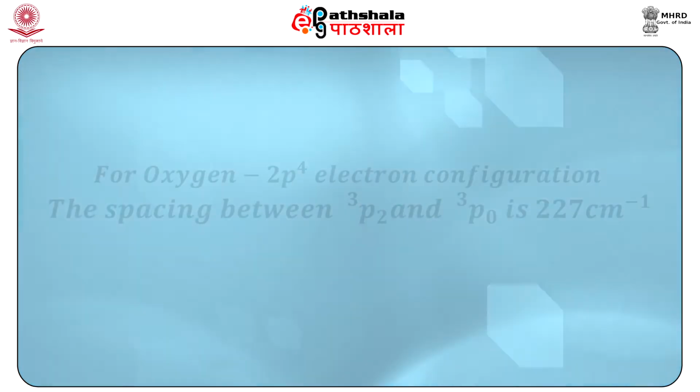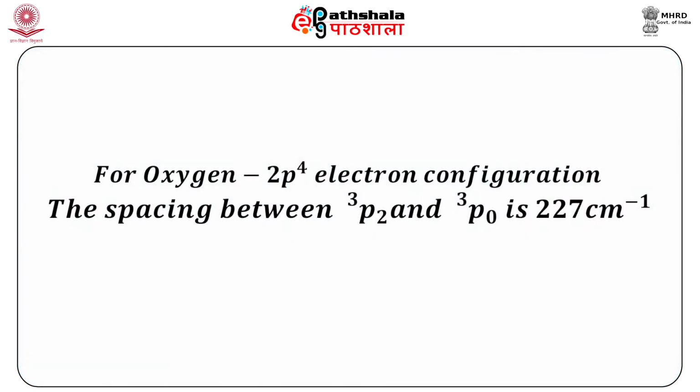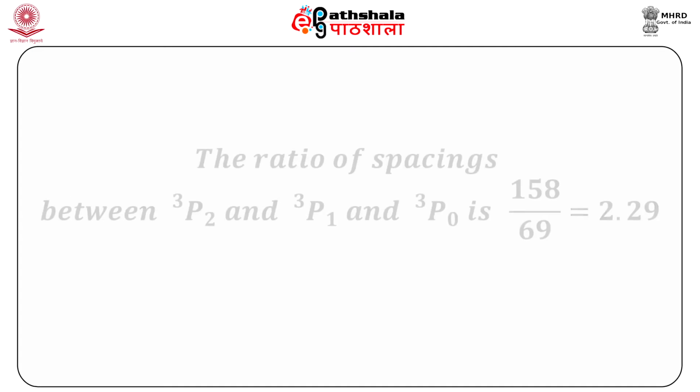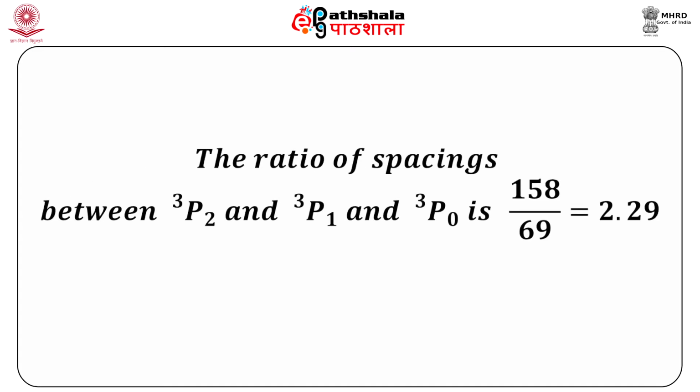Now oxygen has a 2p4 electronic configuration and the same 3P ground state as carbon, but here 3P2 is lower in energy, and the spacing between 3P2 and 3P1 is 158 centimeter inverse, and that between 3P2 and 3P0 is 227 centimeter inverse. The ratio of the spacings between 3P2 and 3P1, and 3P1 and 3P0, is 2.29.